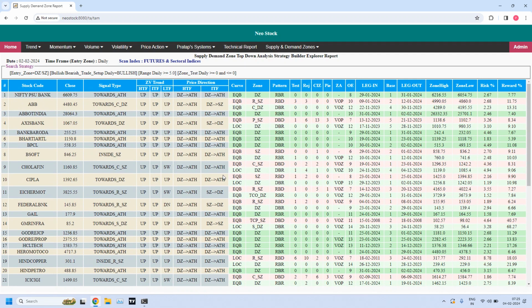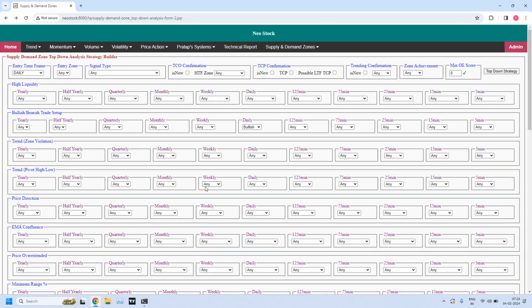Now we will try to find stocks close to our entry zone. How do you find the stocks close to your entry zone? Maybe the stocks at least 3% before the zone or 4% before the zone. Such kind of approach. First we will see very near to our zone.